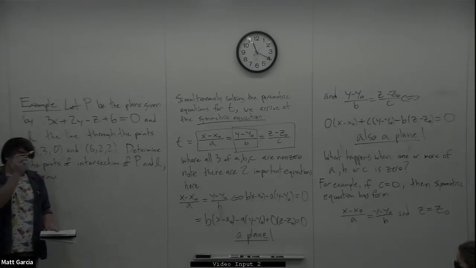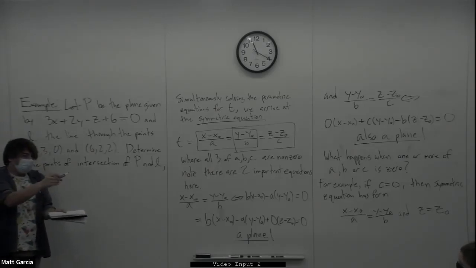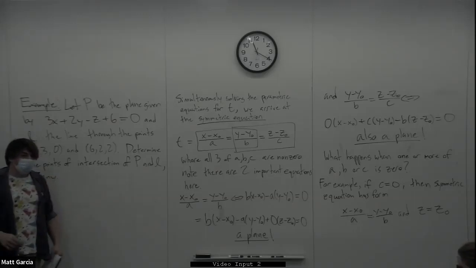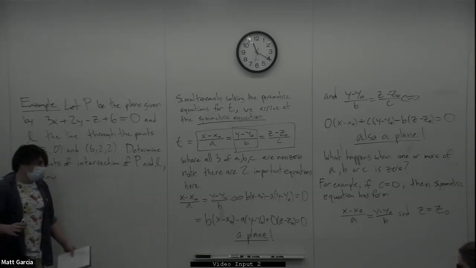Here's a vector that's in my line. If I'm parallel to the plane, I'm either not touching the plane ever, or I'm actually on the plane, in which case the intersection is the entire line. Or I could have no intersection. Or I could have exactly one point of intersection if I'm non-parallel to the plane. Those are the 3 possibilities: one point of intersection, no points of intersection, or infinitely many, all points on the line.